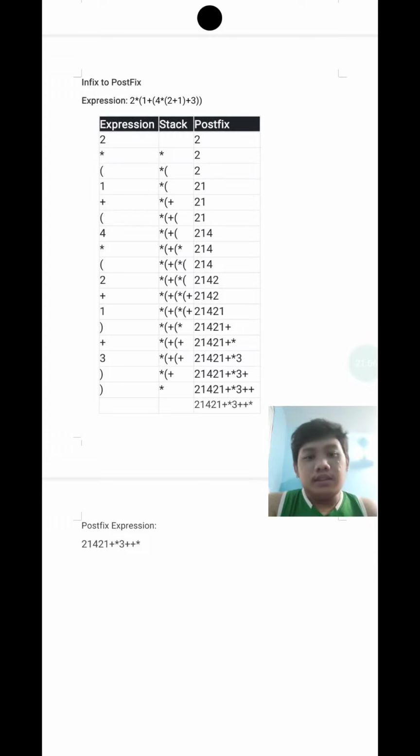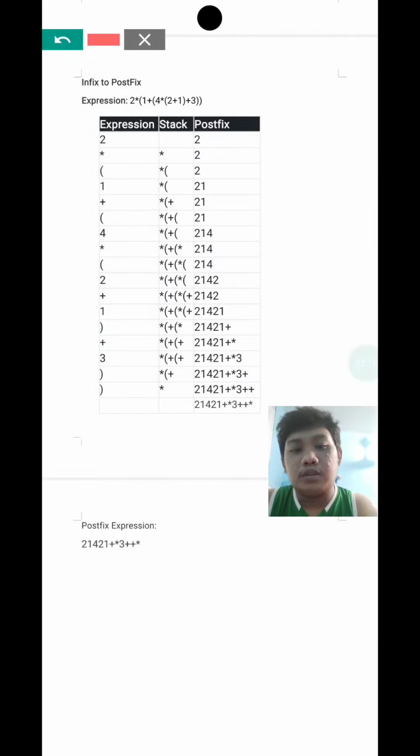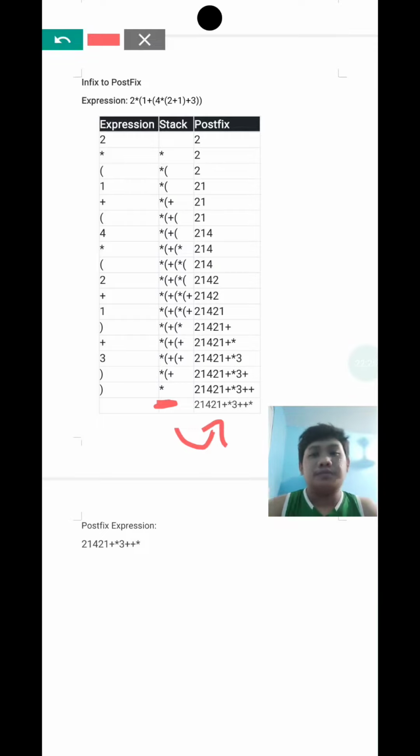And since there is nothing left, we pop all the remaining operators from the stack and append them to our output. So our times operator will be appended to our output. It becomes 2 1 4 2 1 plus times 3 plus plus times.